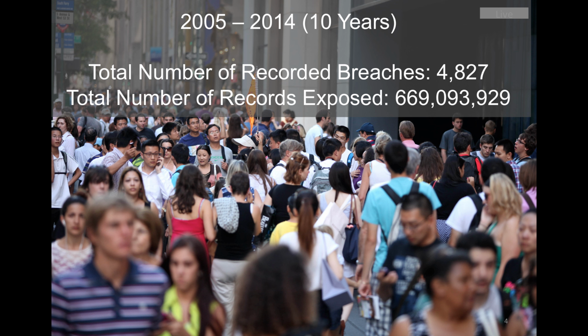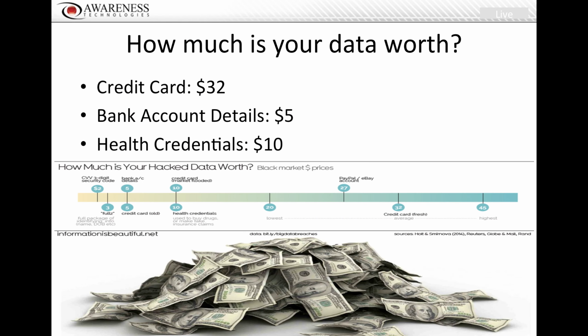And the total number of records exposed, you can see right there, was over 669 million records. So that's a lot of people that have been affected, obviously. I'm sure that's a lot more than most people really realize.